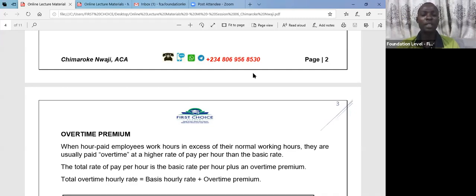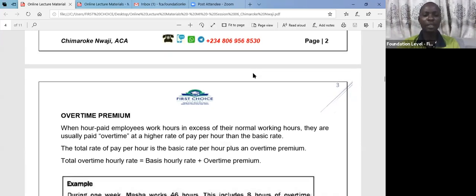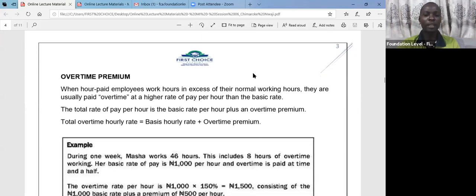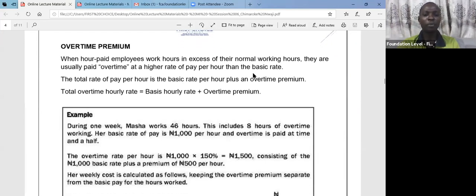So when you are saying overtime, you see that it has a higher figure than the normal time because it contains two elements: the basic wage rate or hourly rate and the overtime premium. Why is it being done like that? We'll get to that.